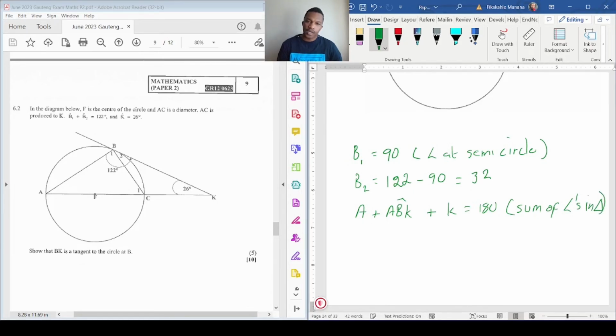Okay, so let's go ahead and put numbers. A is what we're looking for. ABK we are given, it's 122, plus K we are given, it's 26. All of this is equal to 180. Need to do a bit of gymnastics to solve for A. It's going to be 180, take this to the other side, minus 122 minus 26. And then what do we get for A?